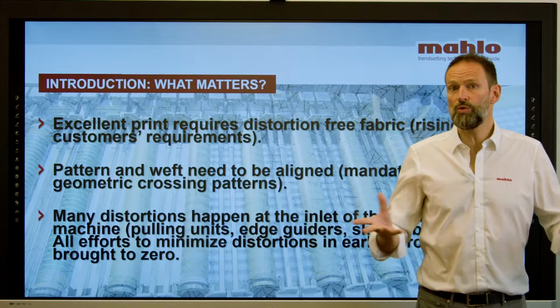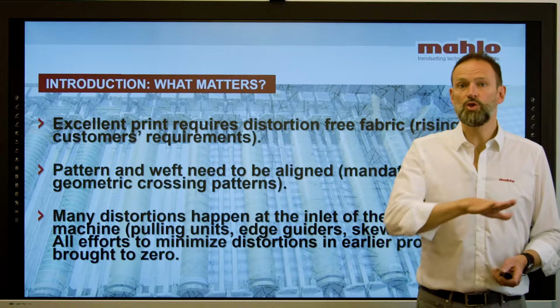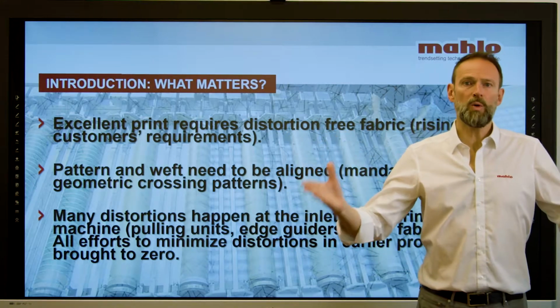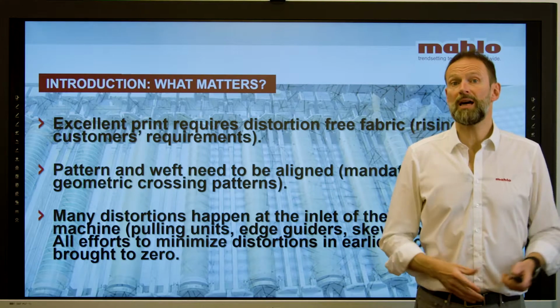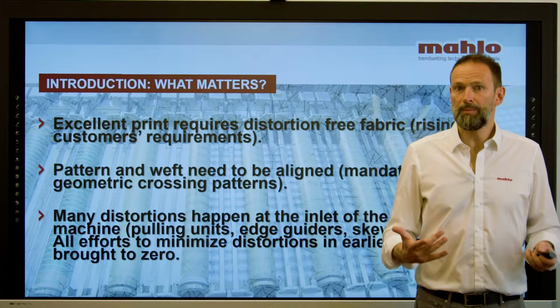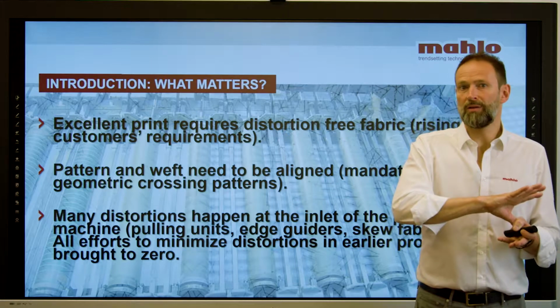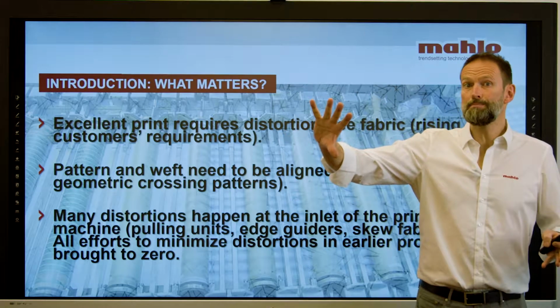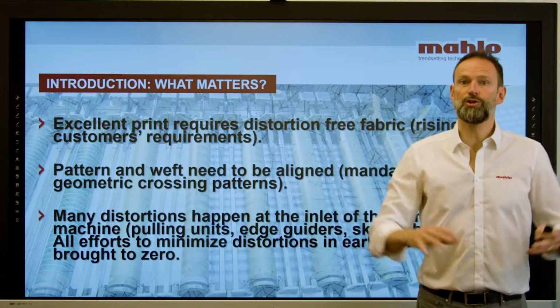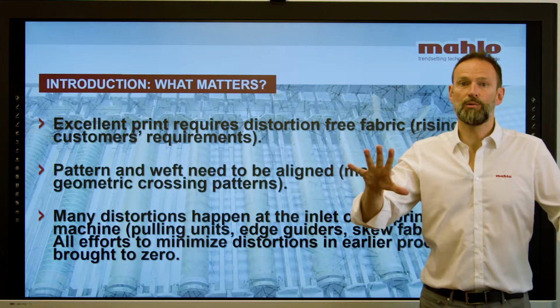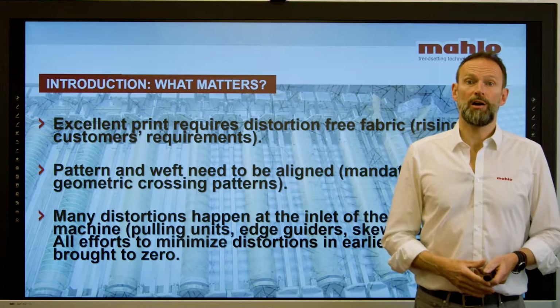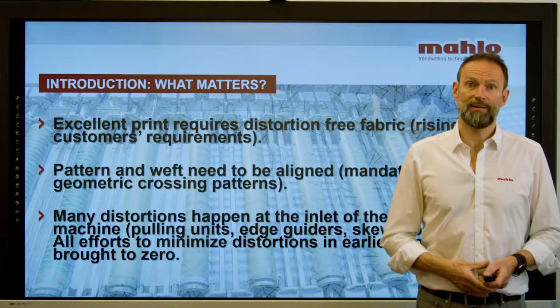If you have a skew or bowed fabric, once you print on it, there's no way that you can fix it afterwards. Simply because once you have a straight printing pattern on a bowed or skew fabric and you correct it afterwards, you have a skew or bowed pattern.